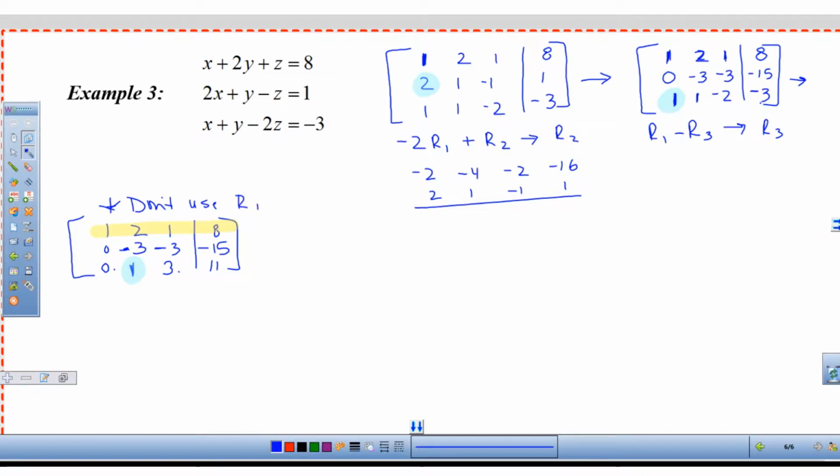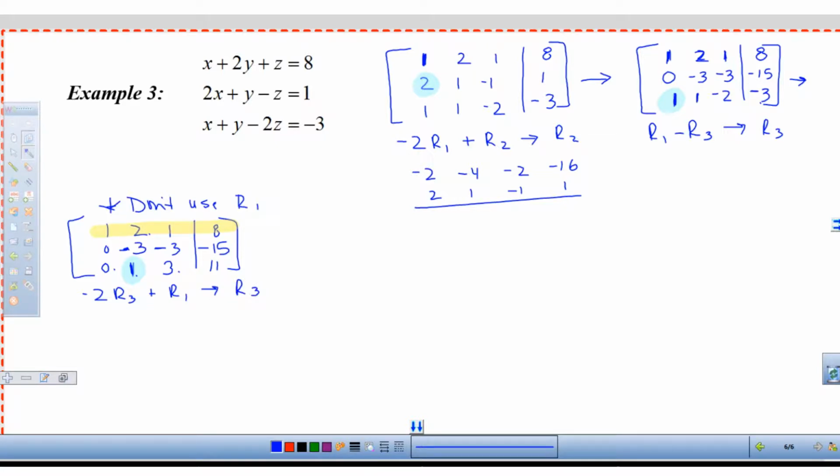Does anybody have any idea why you can't use row 1 right there? Let's say I did. Watch what I would do. I'd say, okay, I'm going to pair this with that. Just watch. So I want to turn him into a negative 2. So I'm going to go negative 2 times row 3 added to row 1 becomes my new row 3.